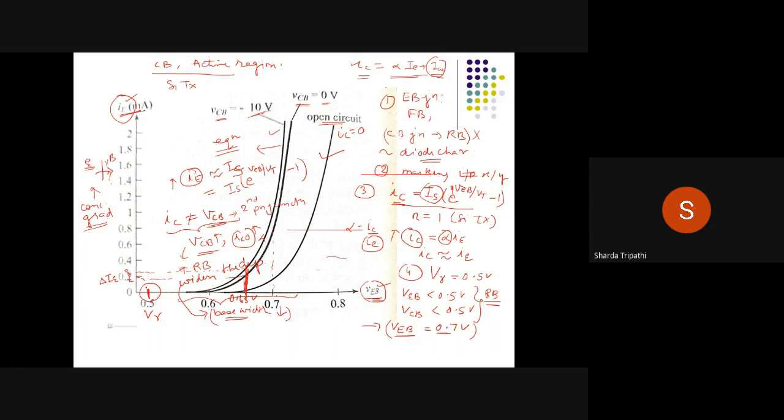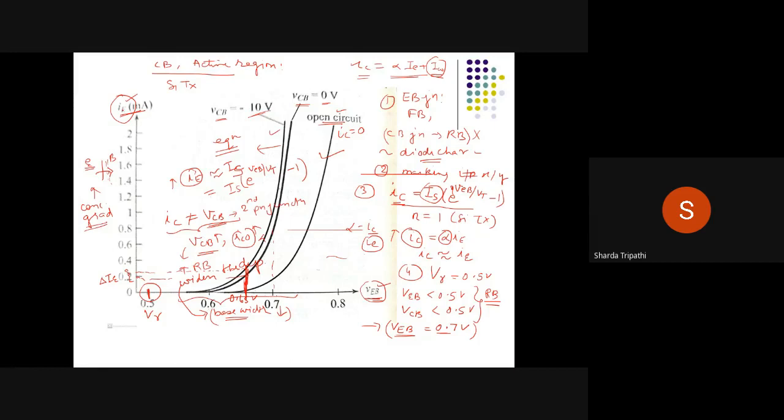So the cut-in voltage will be assumed as 0.5, whereas if the diode is forward biased, VEB can be fixed as 0.7 volts. Then we talked about the dependence of IC on VCB. So theoretically, there will exist some dependence. And the last thing is about the open circuit condition. In this case, this plot is going to resemble exactly that of the diode characteristics.